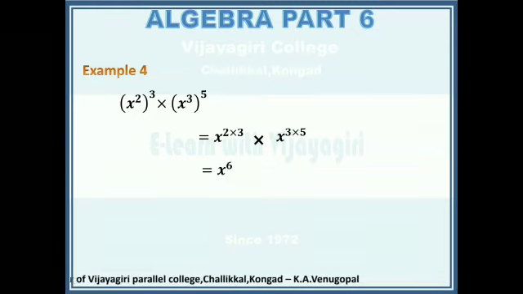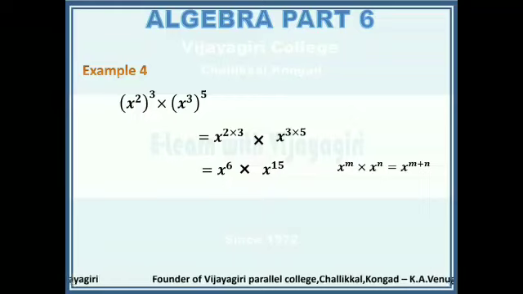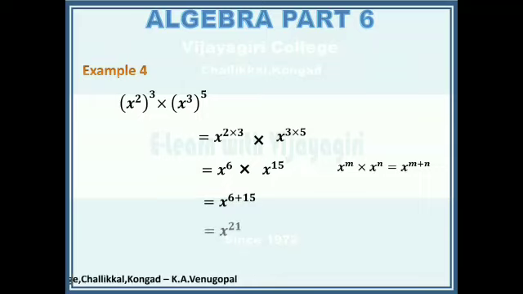It can be simplified as x to the power 6 into x to the power 15. Now we have to use the multiplication law, x to the power m into x to the power n equals x to the power m plus n. So it can be written as x to the power 6 plus 15, and the answer will be x to the power 21.